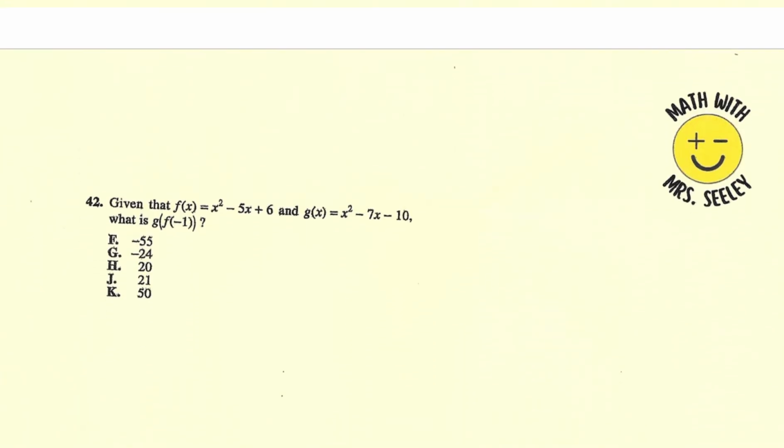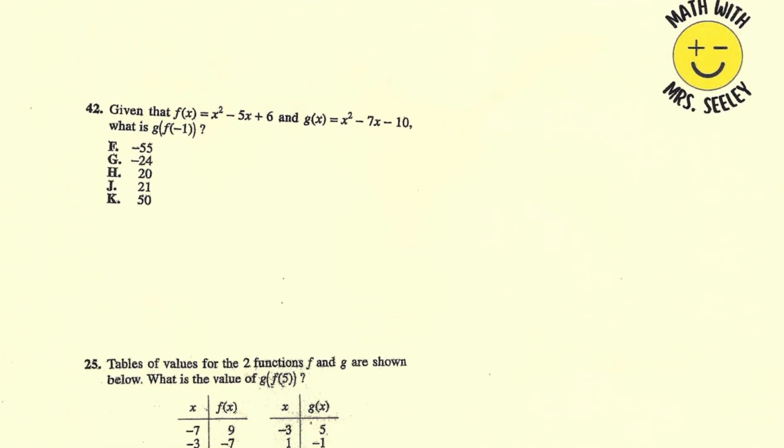Okay, let's take a look at number 42 here. And if you'd like to, why don't you pause the video, try it on your own, and then check to see if you got it correct. So once again, start on the inside and work your way out. This is telling me to go to the f function, and when I get there, what I'm going to put in.